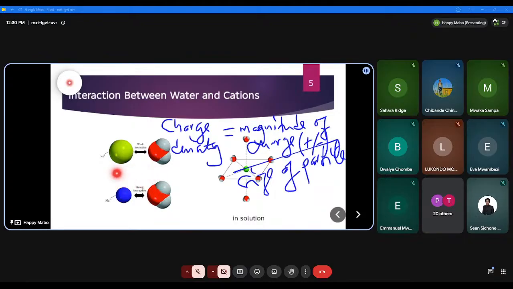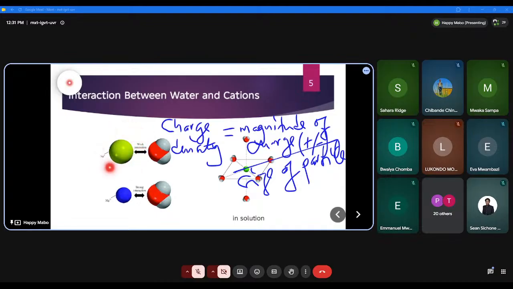So when you use the concept that I talked about of effective nuclear charge, you're looking at the aspect of shielding and how much pull would come from the nucleus. When you look at the neutral atom of sodium, sodium has got one electron in the outermost shell. So when this electron is lost, the shielding is not going to be lost as much.